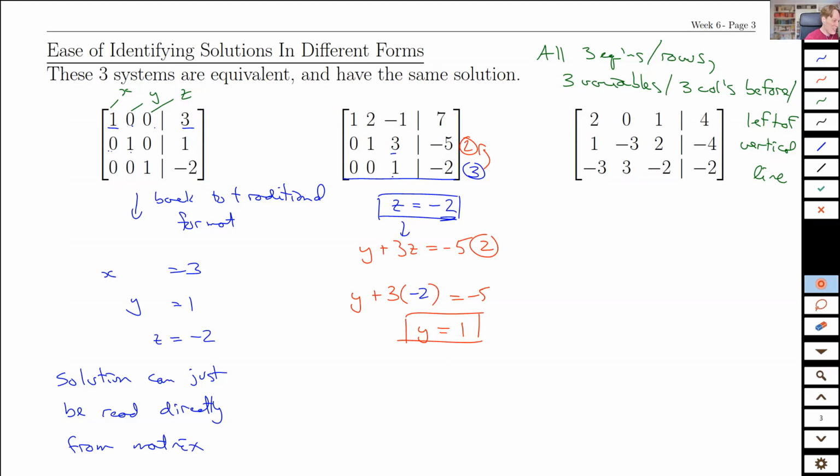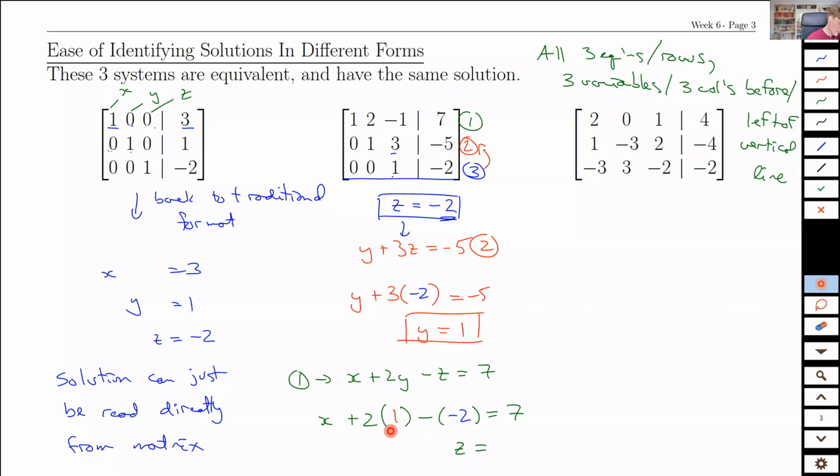And then you can see the structure here, I hope, that, oh, because we now know what z is from the last row, we now know what y is from the second last row, we can now solve for x in a relatively straightforward way because we know what y and z are, and we know what the right-hand side is. Let's do this in green. Equation 1 tells us that x plus 2y minus z equals 7. And that's x plus 2, and we had y was 1. And we had minus z, which is -2, equals 7.